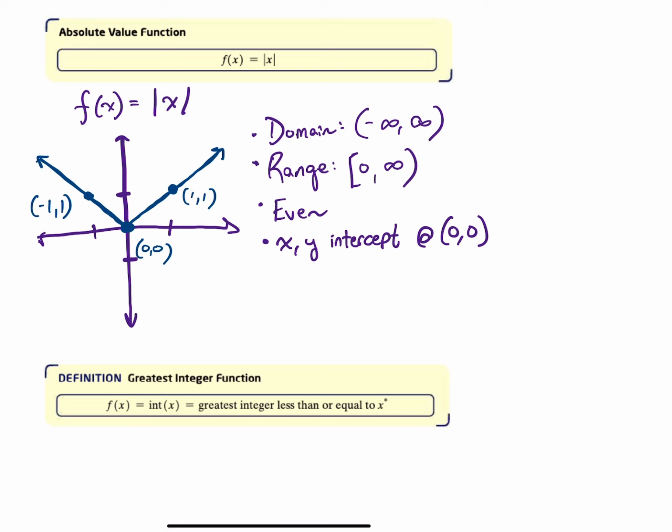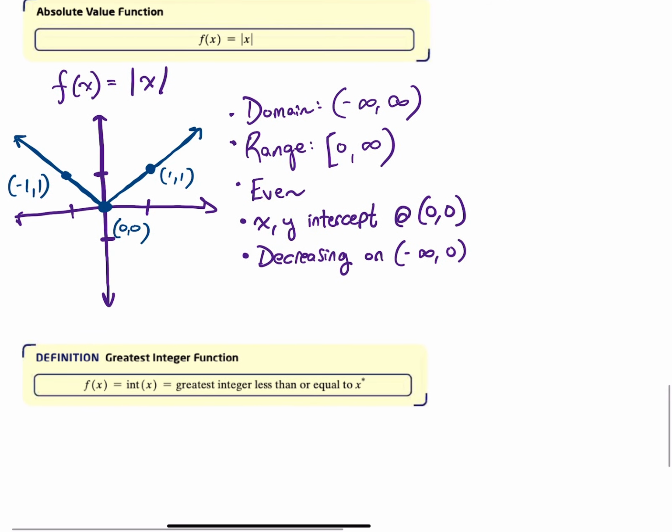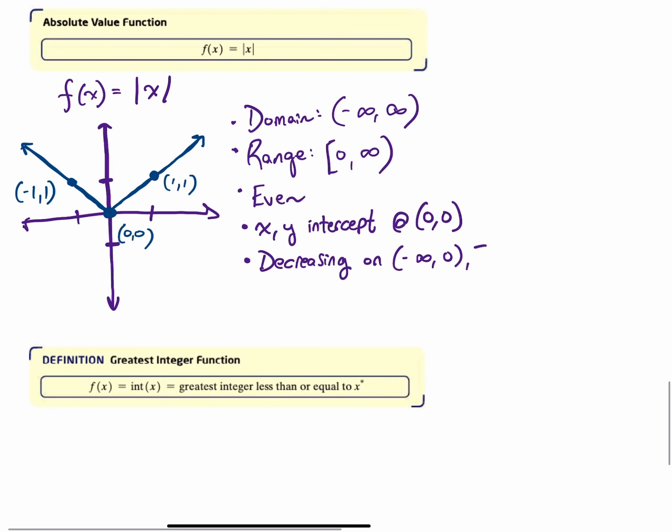It goes from decreasing to increasing. So first it's decreasing from negative infinity to 0, and then increasing afterwards. So increasing from 0 to infinity.